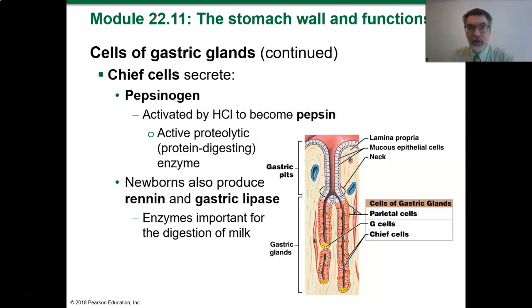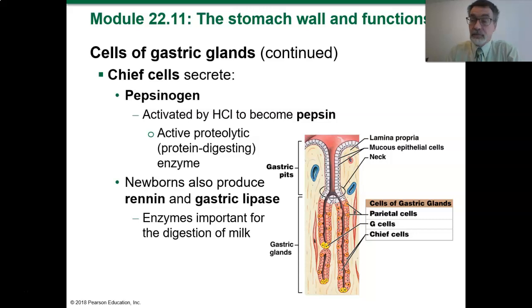That pepsinogen, when released through the exocytosis process, would be activated when it comes in contact with acid of the stomach, and it gets cleaved into a protein we call pepsin, which again is now a protein digesting enzyme.